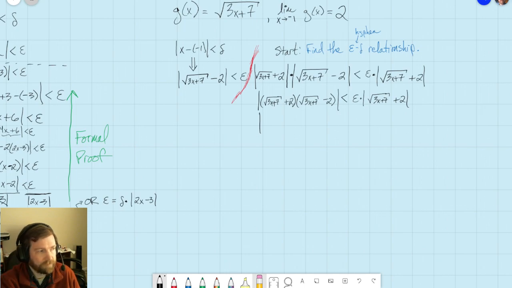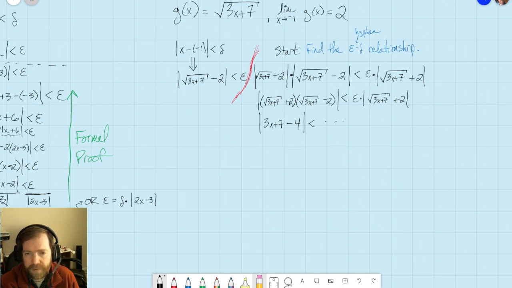So that's gone. It's 0. So we end up with the square root of 3x plus 7, squared. So it's just 3x plus 7. Then we end up with negative 2 times positive 2, which is going to be negative 4.